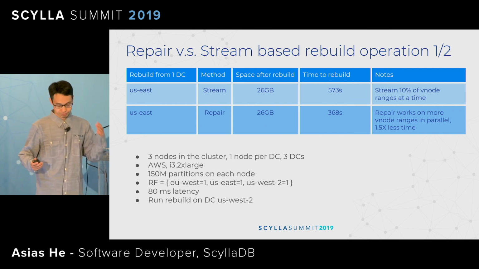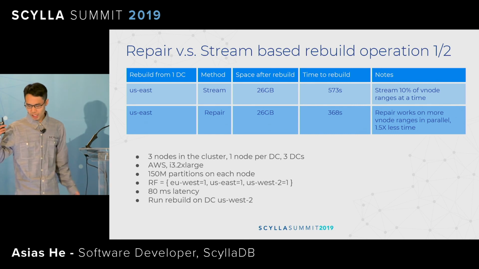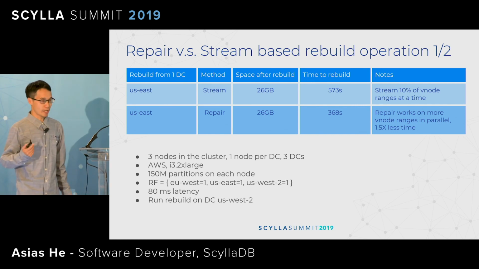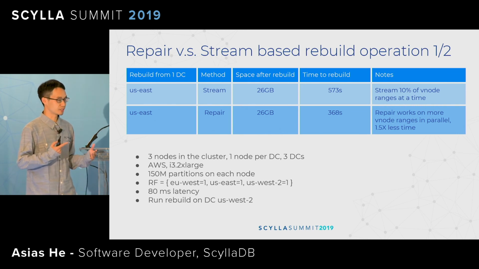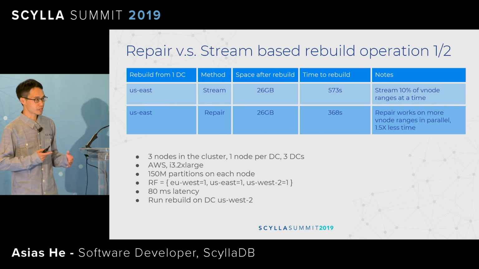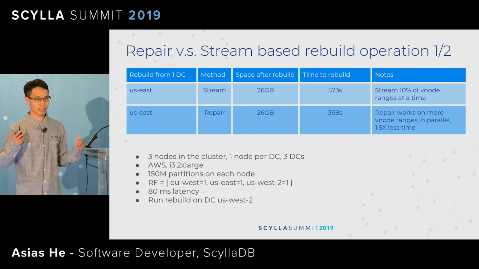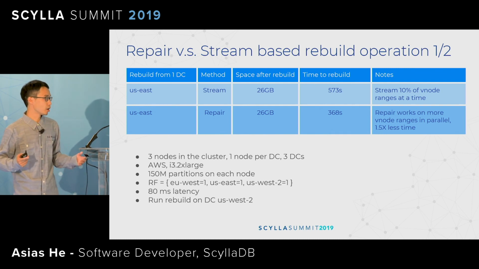In streaming, we only stream 10% of the ranges at a time, and there is only 1 pending stream in parallel.